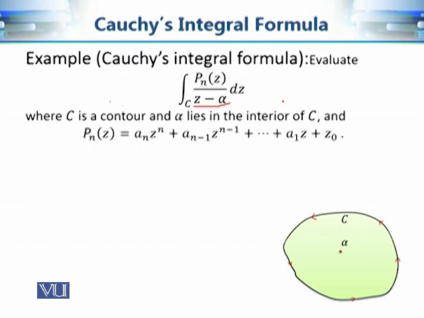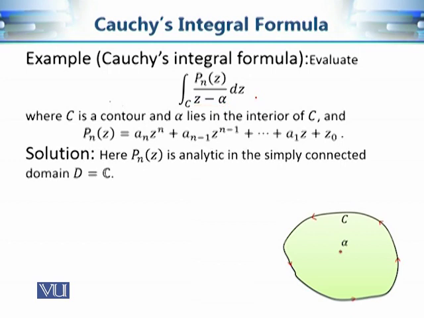And the next thing that compels us to apply Cauchy's integral formula is its form, because it is an analytic function divided by some linear function of the form z minus alpha, which is very similar to the form that appears in Cauchy's integral formula. So to evaluate such contour integrals, we always prefer Cauchy's integral formula.